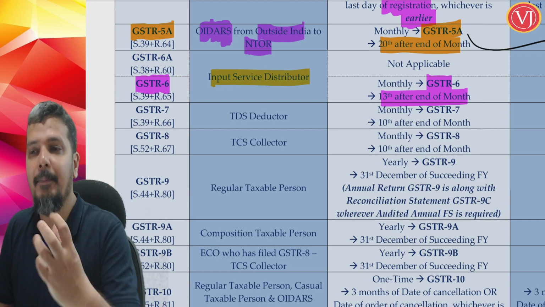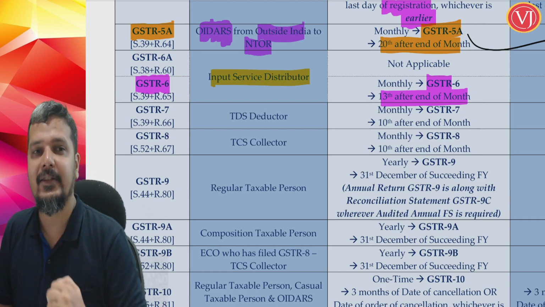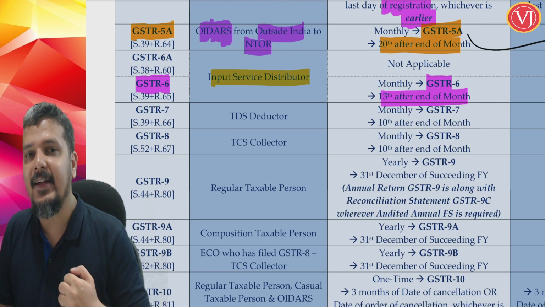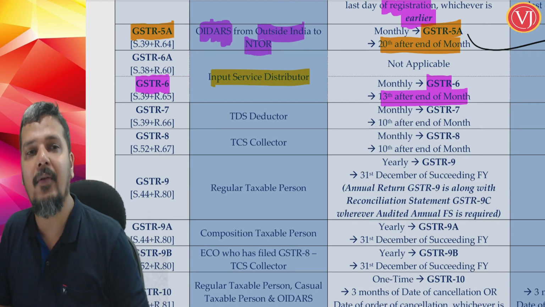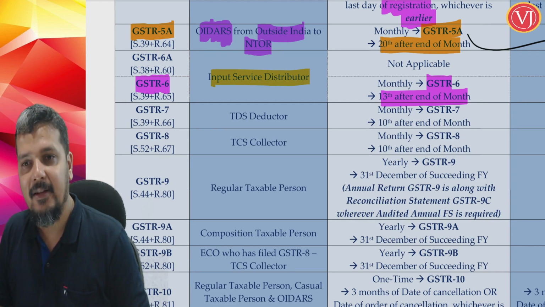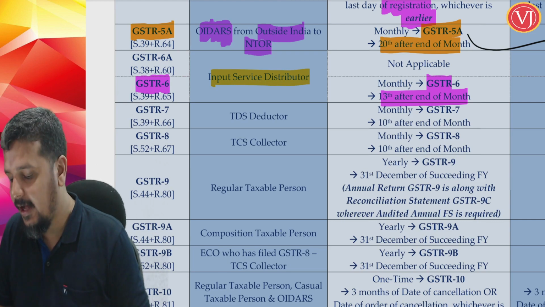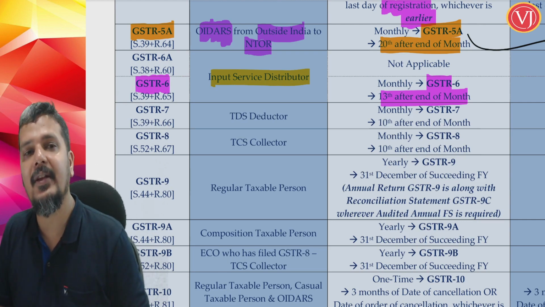It will take the credit, pass on the credit. Taking the credit is a normal thing. Passing on the credit happens via GSTR 6. The due date is the 13th after the end of the month. April month, 13th May. May month, 13th June. June month, 13th July.